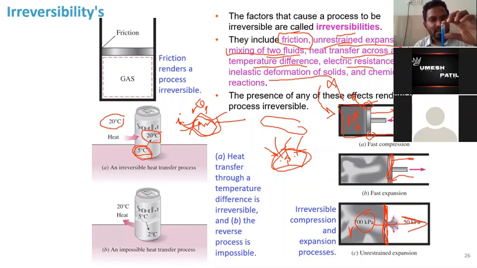But if I stretch it beyond this point, it will break. I'm not going to do that, but if I stretch it beyond this point, it will break. And once it has got deformed, breaking is nothing but plastic deformation. So once it has got deformed plastically, I cannot get it back to this position again, right? So plastic or inelastic deformation of solids is a cause of irreversibility.